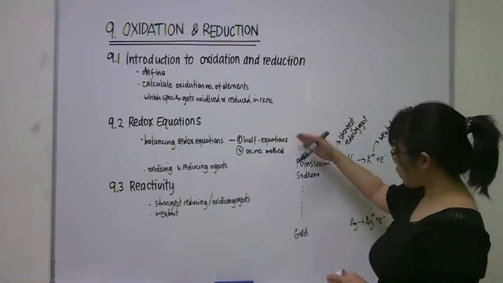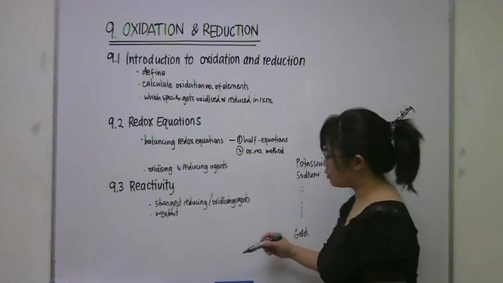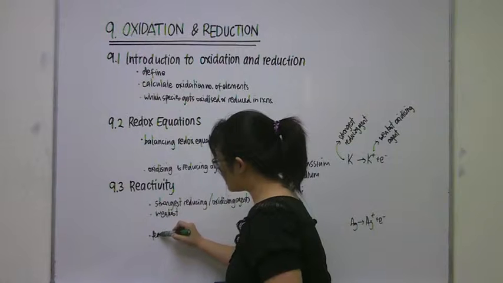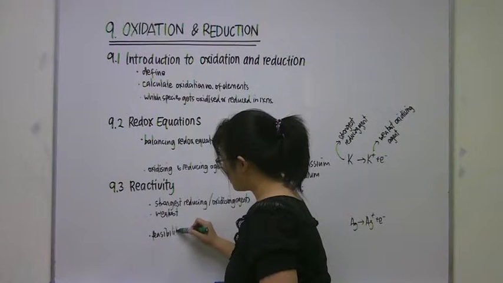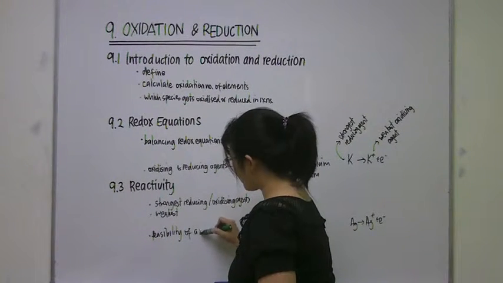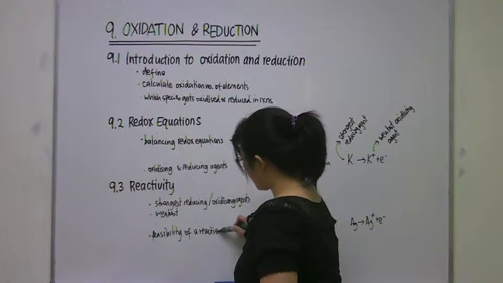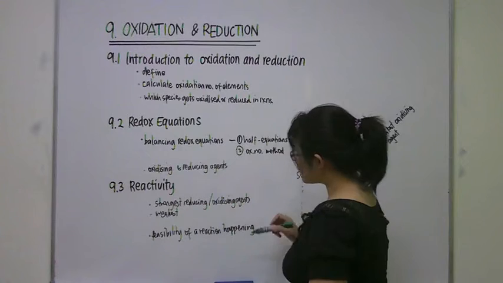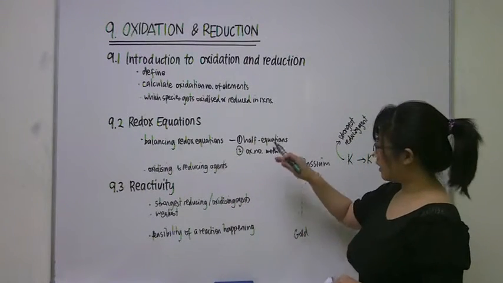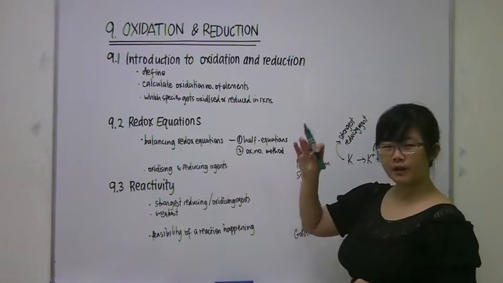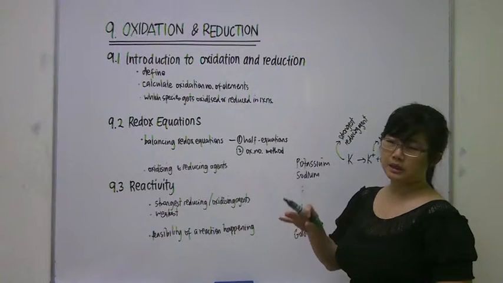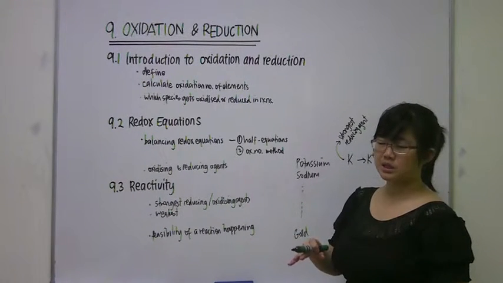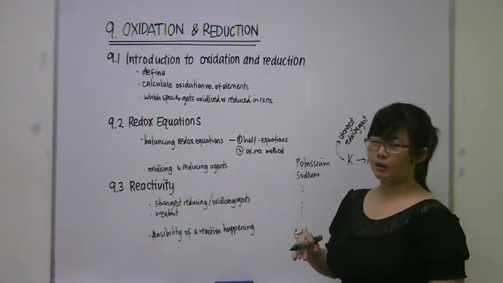Based on the reactivity series, they also need to know the feasibility of a reaction happening. This is where you tell them a more reactive element will displace the ion of the less reactive element in a compound.